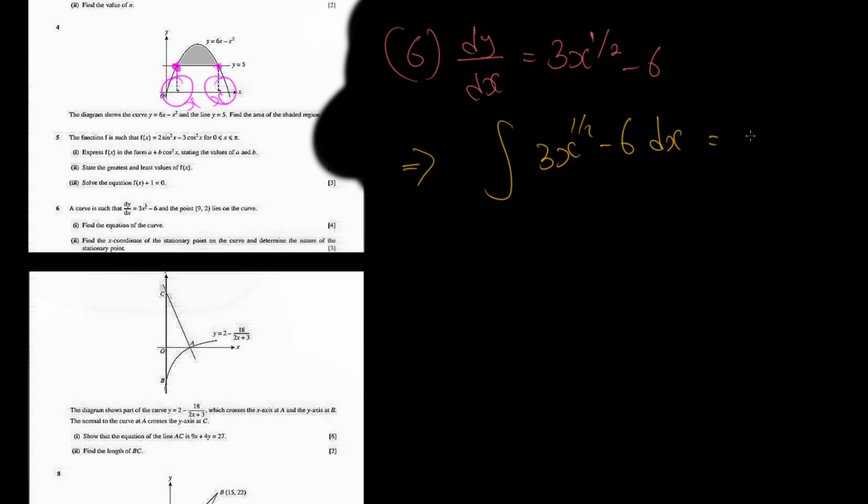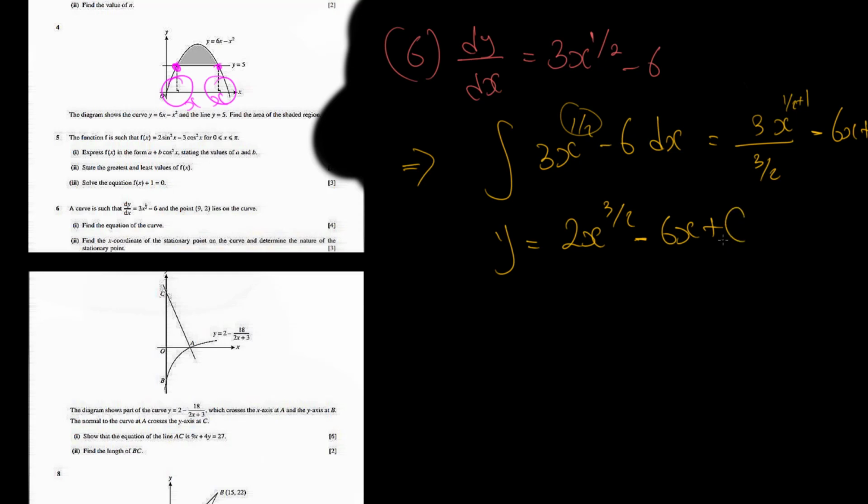The power will become plus 1, so 3 divided by 3 by 2, x to the power 1 by 2 plus 1, minus 6x plus c. c is the constant you have to figure out. y is equal to, if I simplify this entire thing down, 2x to the power 3 by 2 minus 6x plus c.